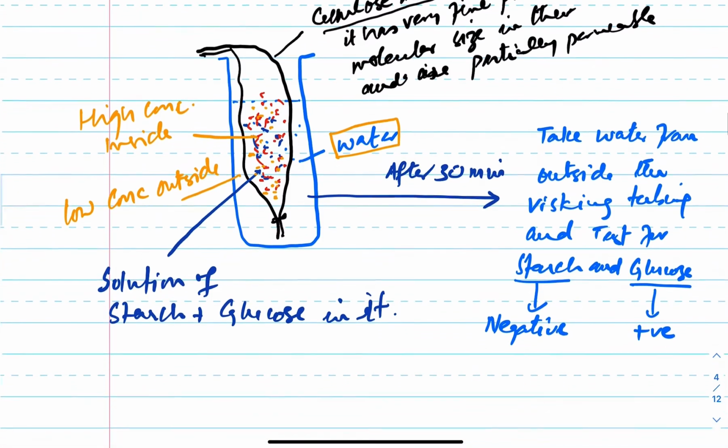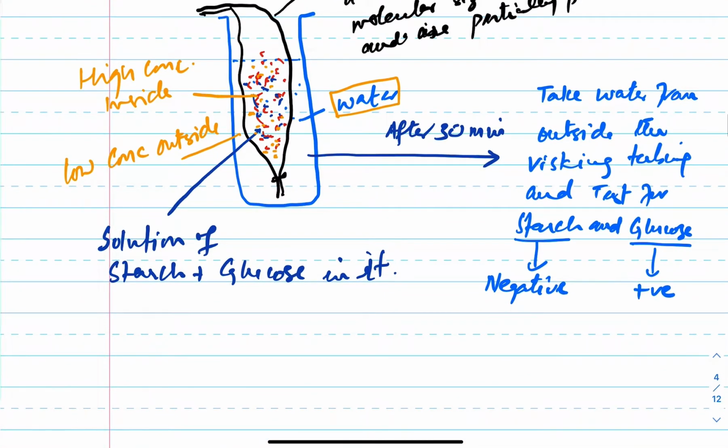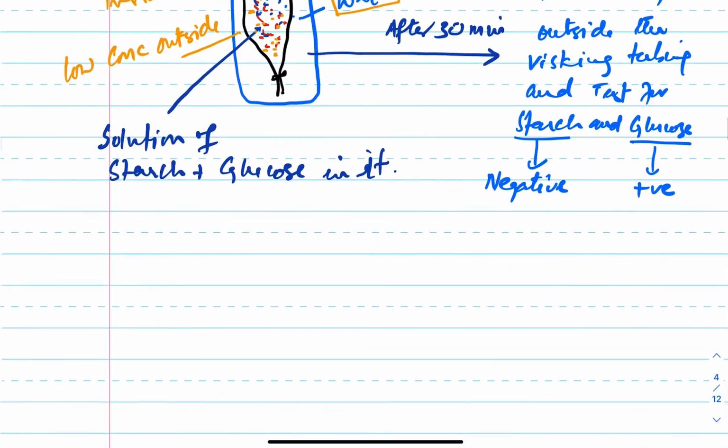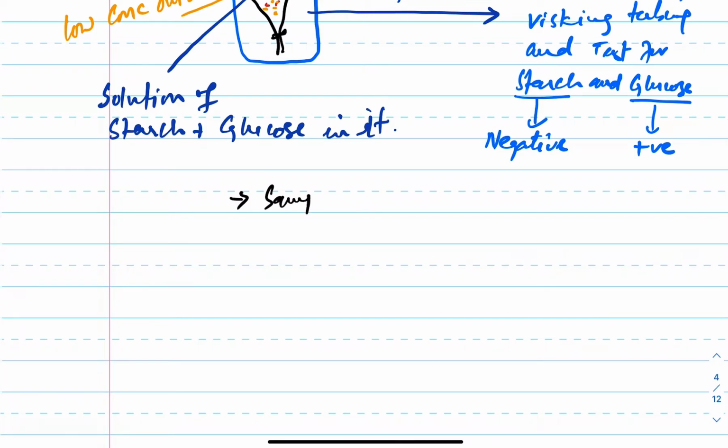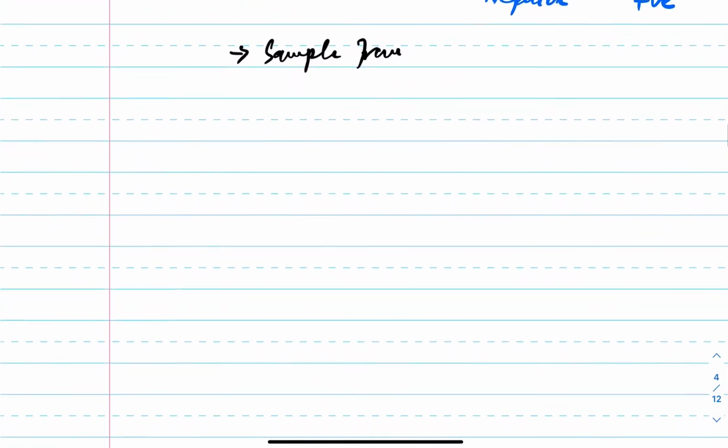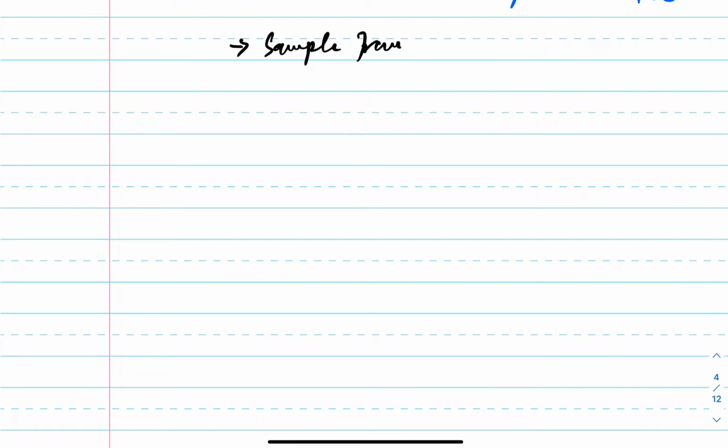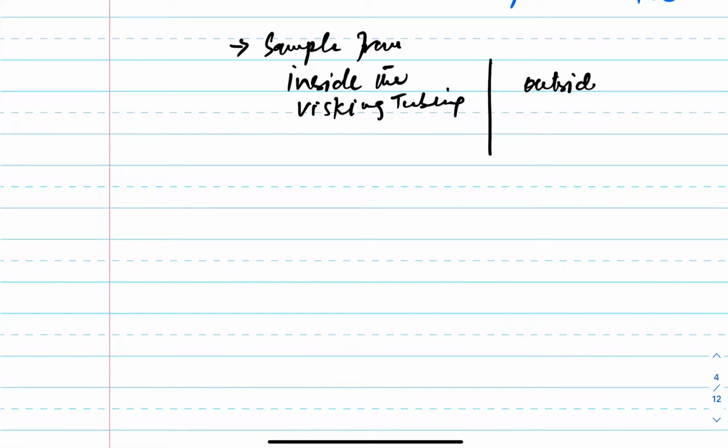So we take a sample from inside the whisking tubing and a sample from outside the whisking tubing.